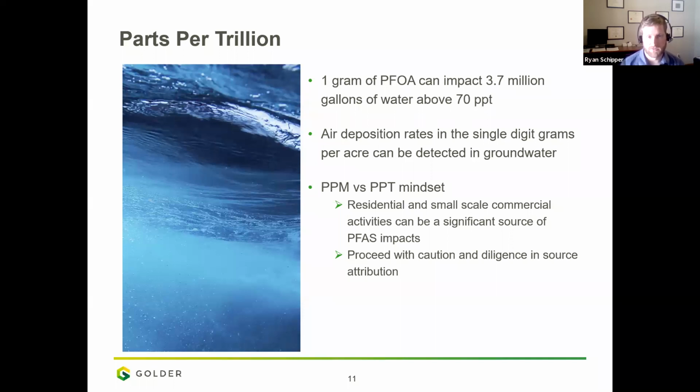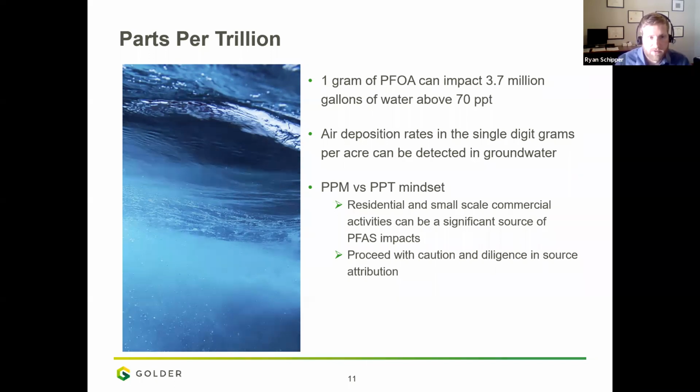Air deposition rates in the single digits can be detected in groundwater. It's important to understand with these low levels that residential and small scale commercial activities can be a significant source of PFAS impacts. And a lot of times we need to proceed with caution and diligence, understanding the sources and where they're coming from.